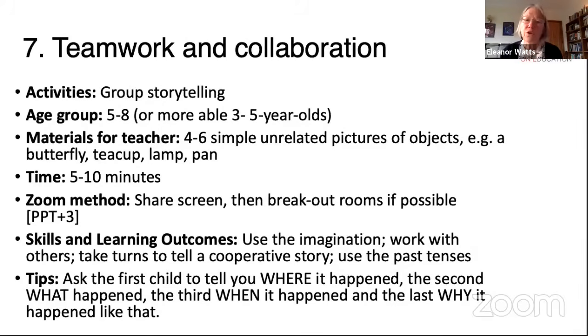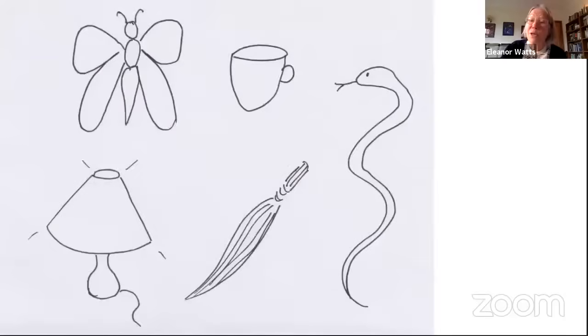And I'm going to start off with the setting where, and then I'm going to ask Anjana to come in and tell us what happened, when it happened. Then I'm going to ask Priya to come in and tell us what happened. And finally, Smita, will you tell us why it happened? So here are our 5 pictures. And teachers, I hope that you're all busily thinking about a story you could make, including these 5 pictures.